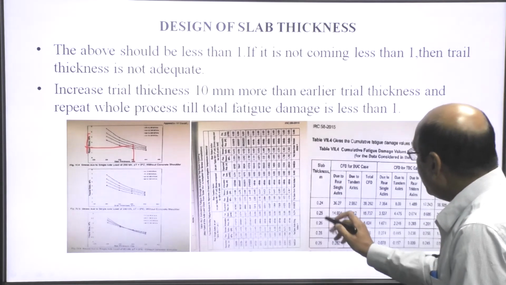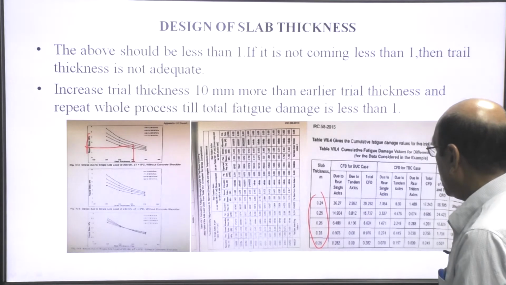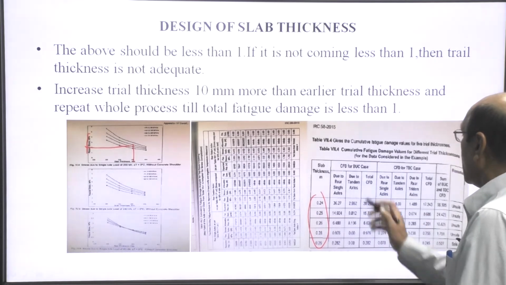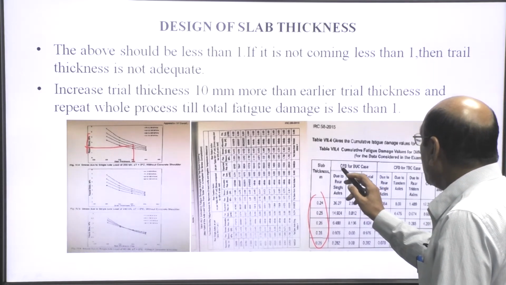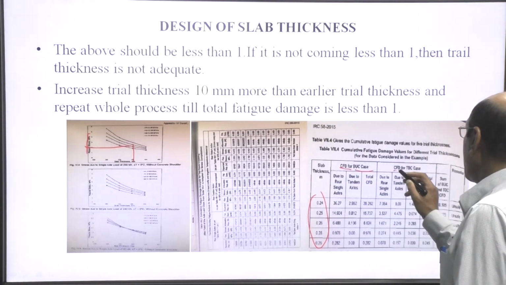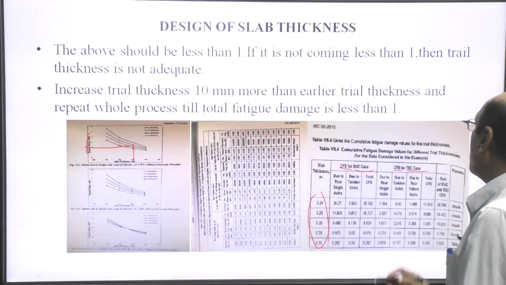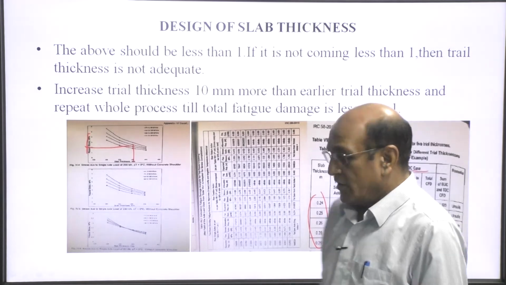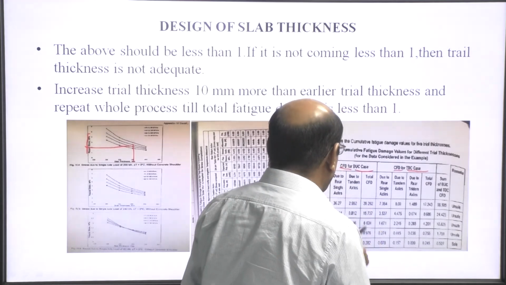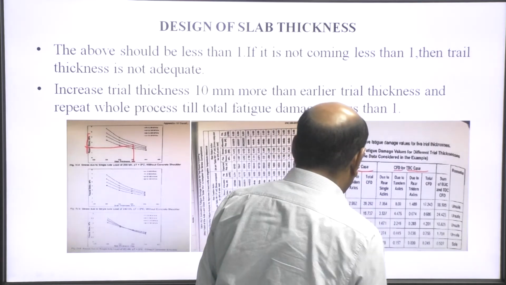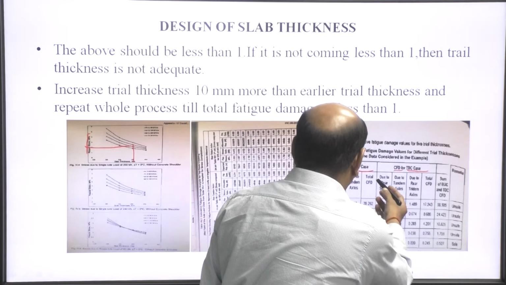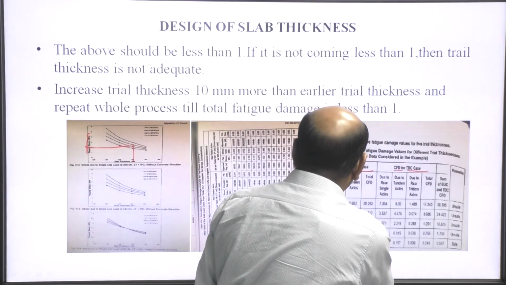So, here the slab thickness is given, like 24 centimeter, 25 centimeter, 26, 28 and 29. And see here, this is the cumulative fatigue damage for the bottom up cracking case, and this is the cumulative fatigue damage for the top down cracking case. So, here the total CFD, total cumulative fatigue damage is given here, and the value has been calculated in this way.